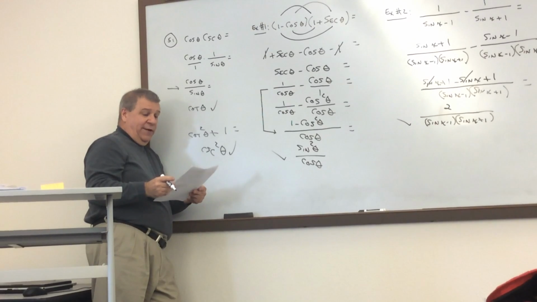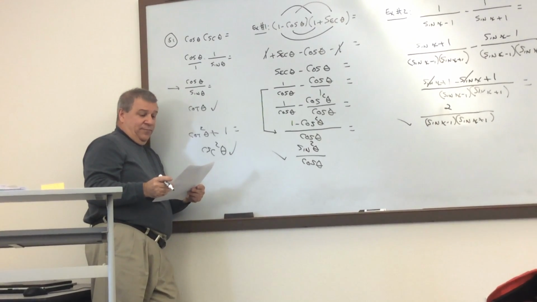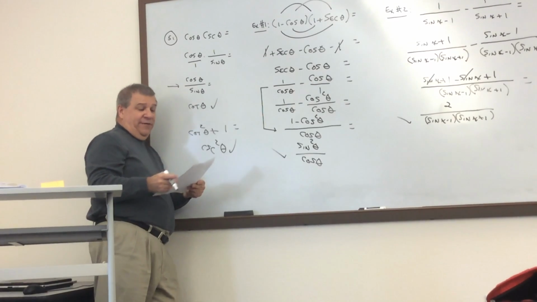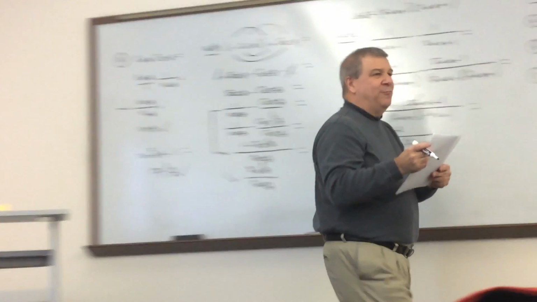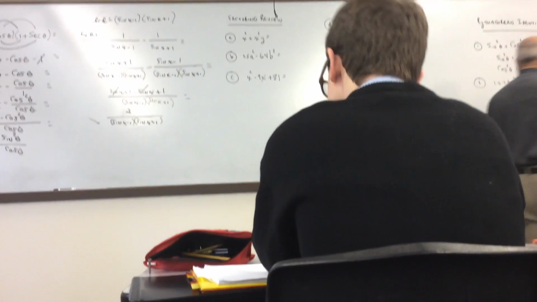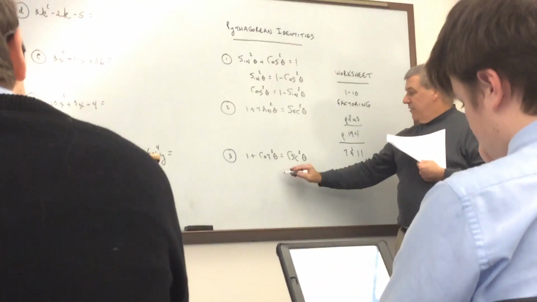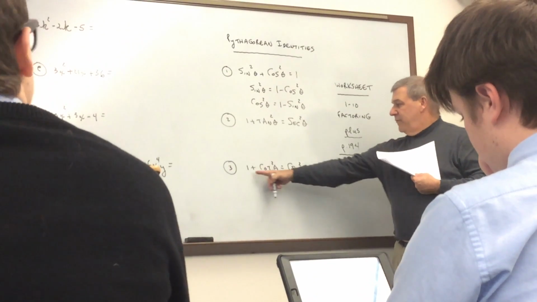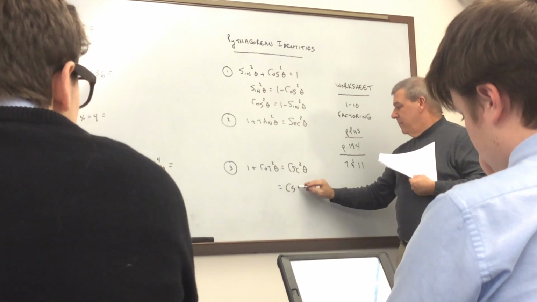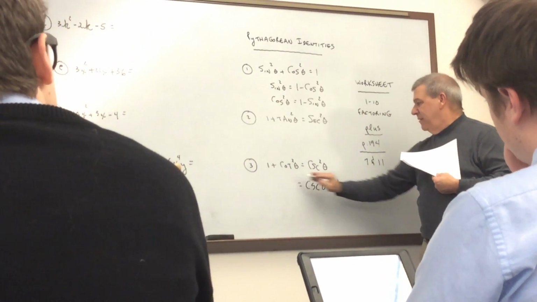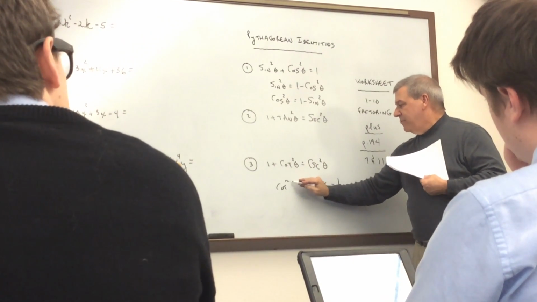Look at 53. There's 2 ways you could have done 53. Now, do you see what I did there? I just want you to see these different things. See cosecant squared minus 1 on my answer sheet? Look right here. You bring this 1 over here. Isn't cosecant squared minus 1 cotan squared?